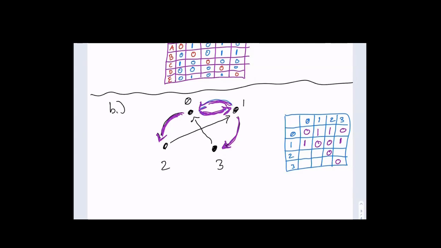It only talks to 1. 2 talks to 1 and talks to nobody else. Good. And finally, 3 just talks to 0. 3 talks to 0 right there and doesn't talk to the other 2. That's it.